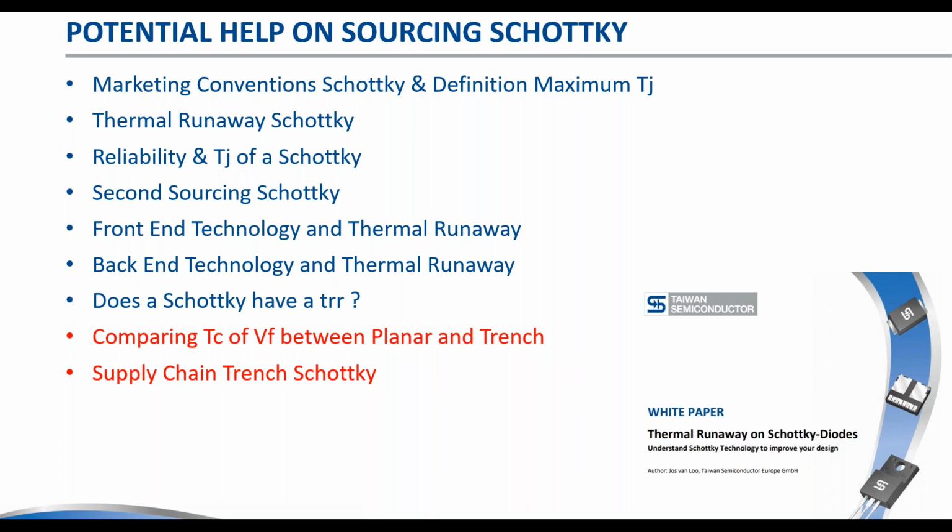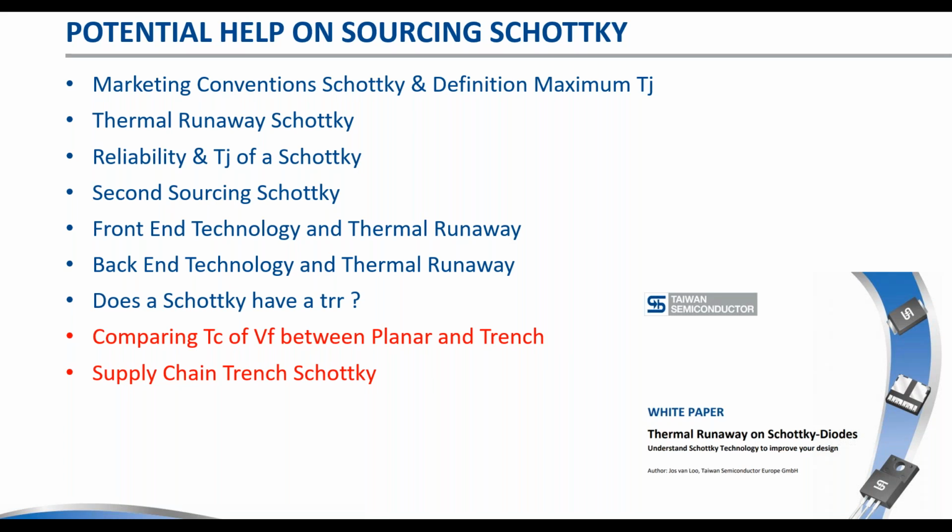The second thing is the supply chain of the trench Schottky. Planar Schottky is actually made in separate fabs. It's in its own private world, if you want to say, and people make the planar Schottky in dedicated fabs. Trench Schottky is competing against other things in a wafer fab. It's competing against MOSFETs and other components, and it usually has the lowest revenue per wafer.